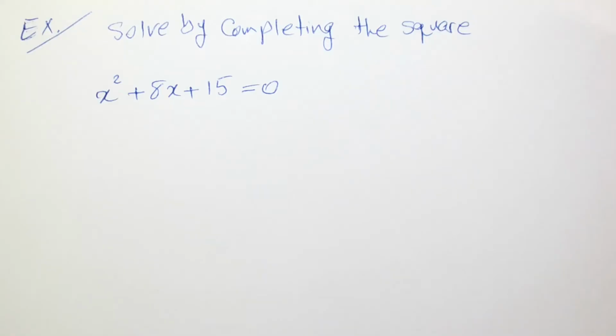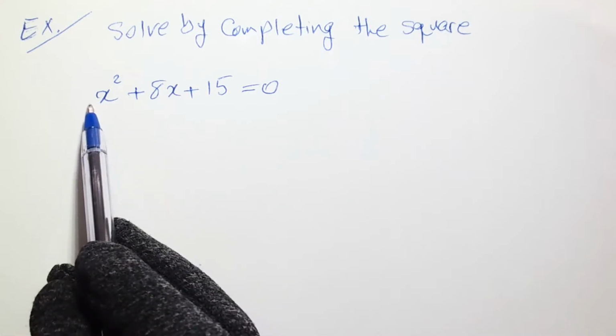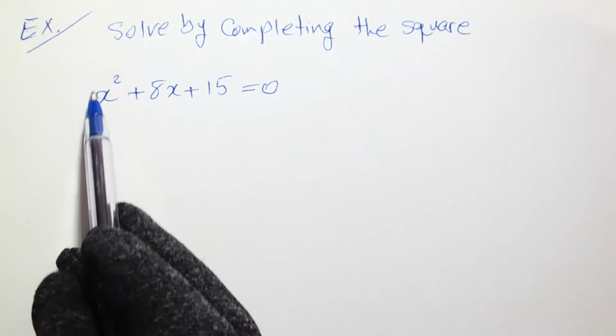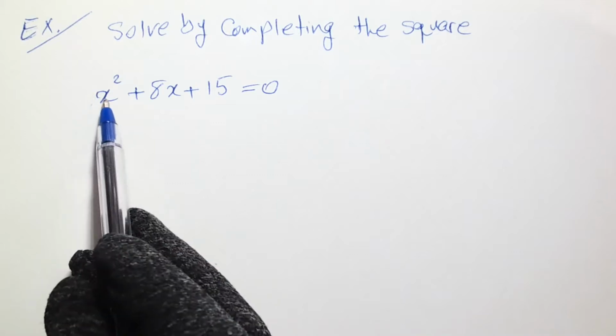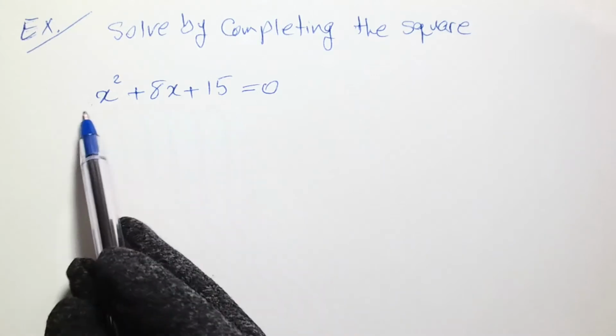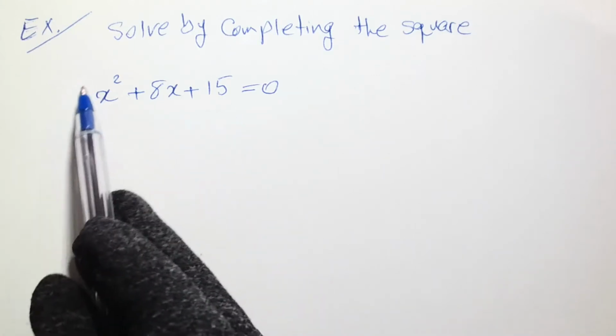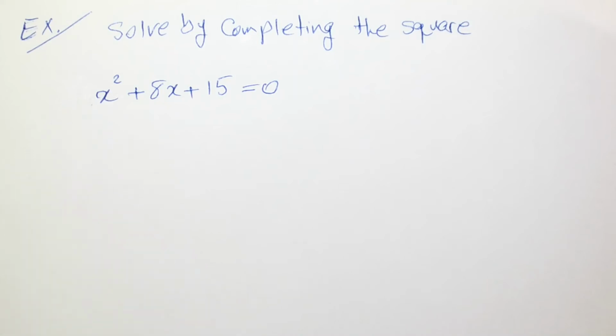Let's solve this example by completing the square. Step 1, we mentioned that the coefficient of x squared must be 1. If the coefficient of x squared is not 1, you need to divide all terms by the coefficient of x squared and make this coefficient 1.